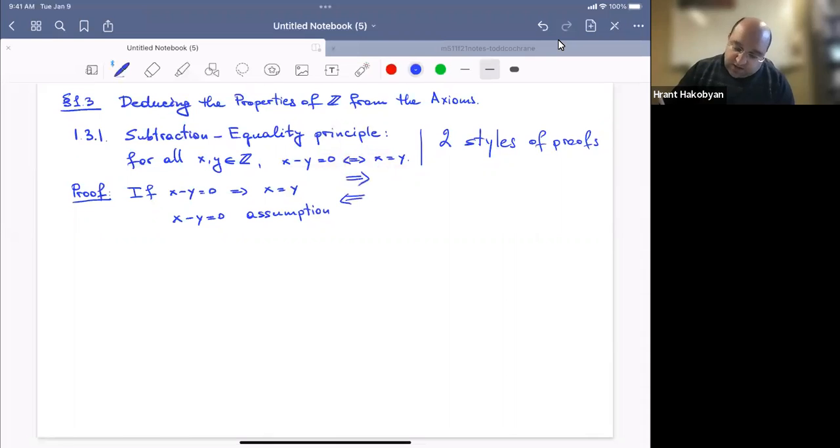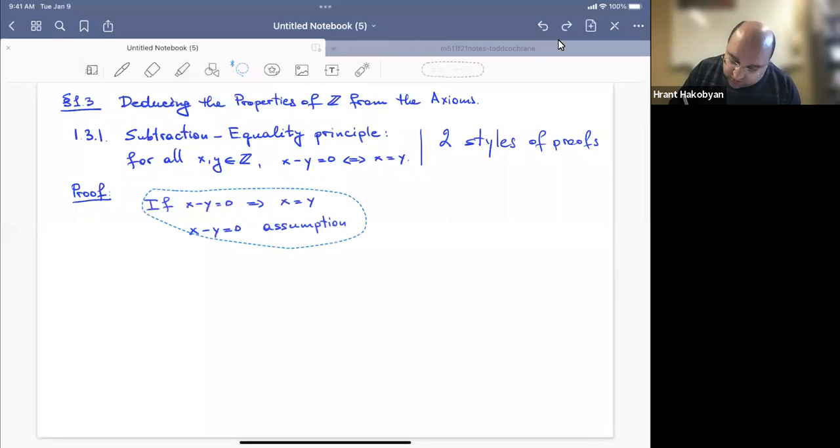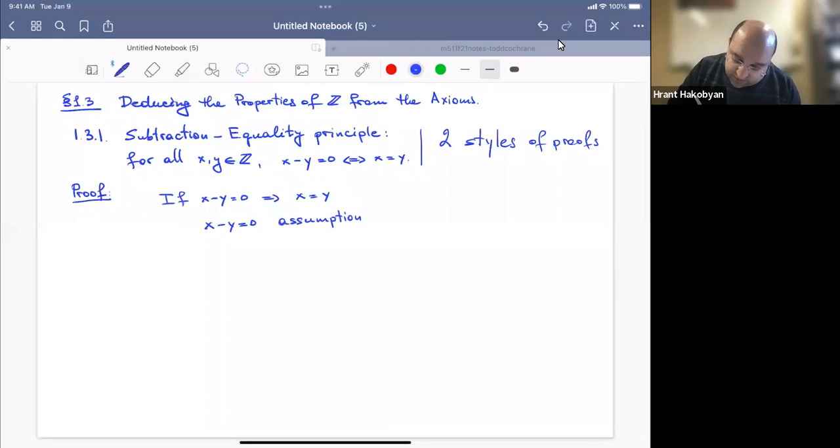So first, let's start by showing that the left-hand side implies the right-hand side. I'll just denote the shorthand notation for that, and we'll be doing this part of the proof, right? So if you have x minus y equals 0, then x equals y. Our assumption is that x minus y is equal to 0.